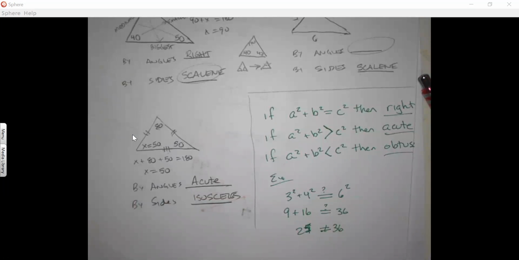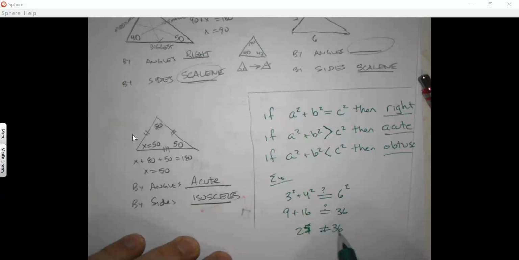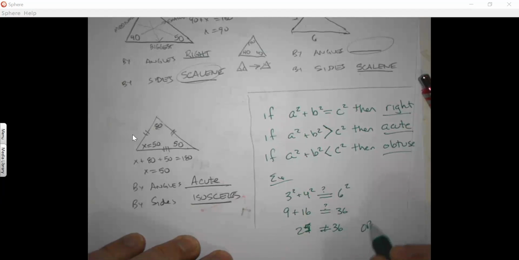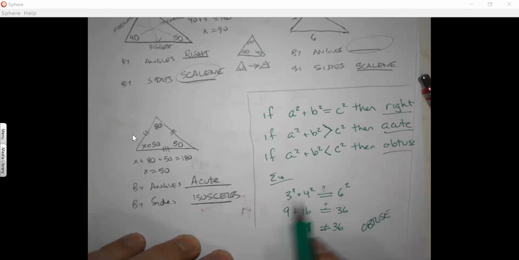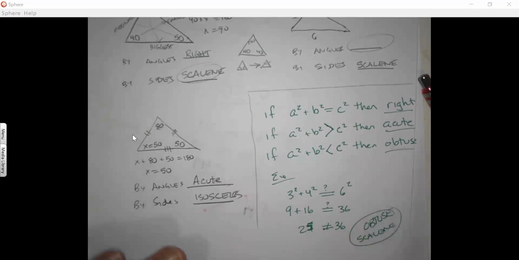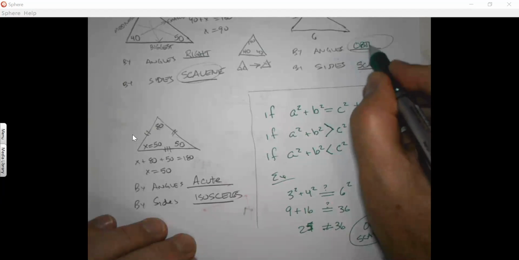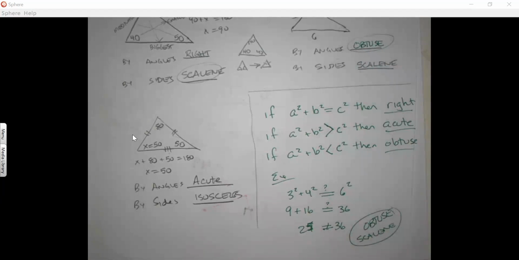Is it too big or too small? Too big. It's too big. So it's pushing the triangle open. Instead of it being a right angle, this would be pushed open to be obtuse. And because all 3 sides are different, we'd say scalene. So this is obtuse. Okay.